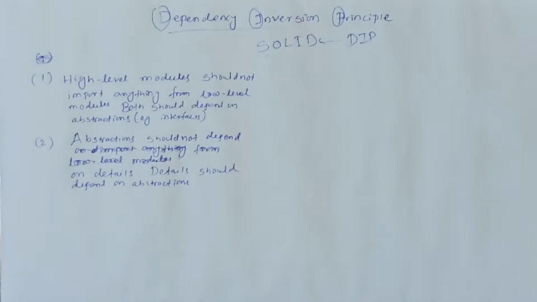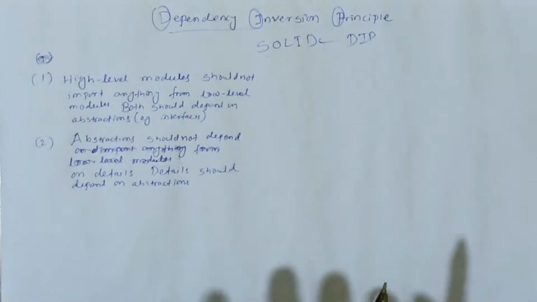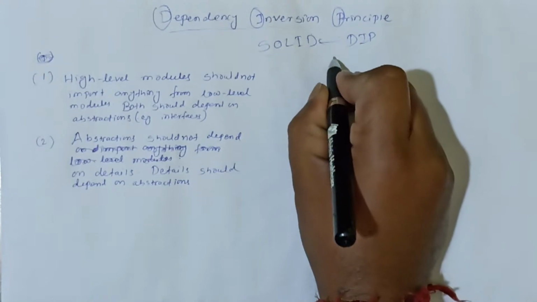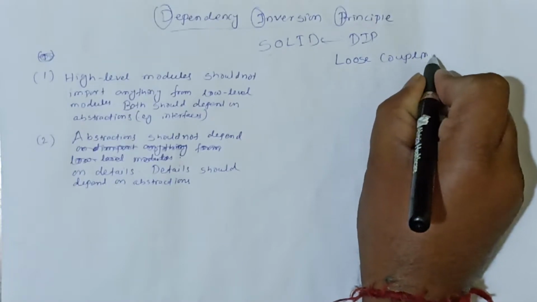As of now, the first four principles told about the relationship between the classes, or we can say what things need to be considered while communicating between classes. But this principle tells about loose coupling of modules.